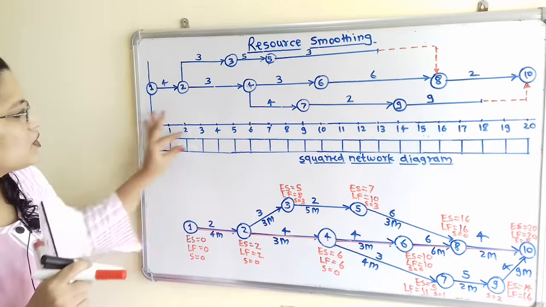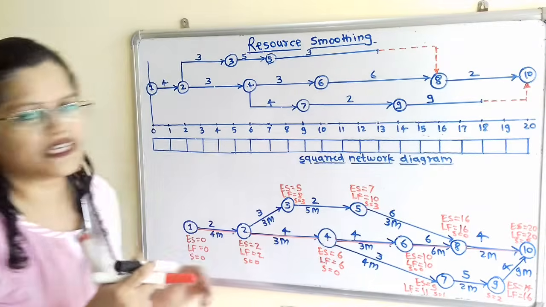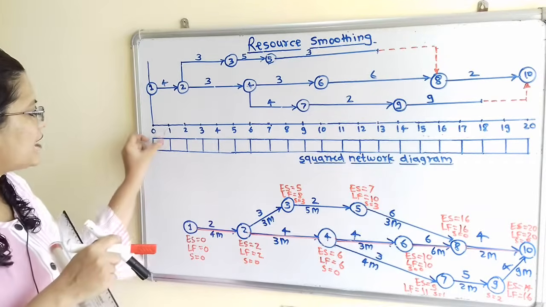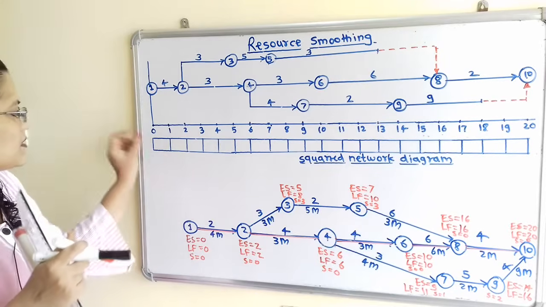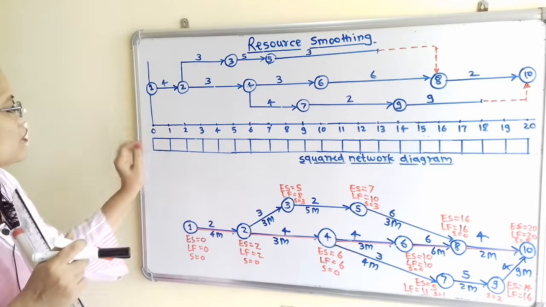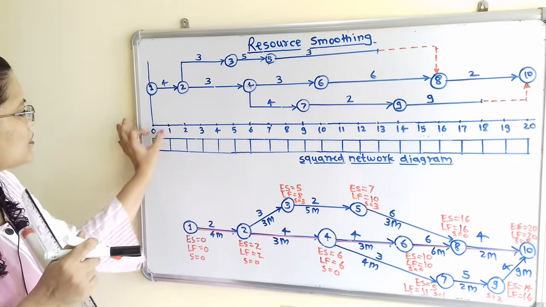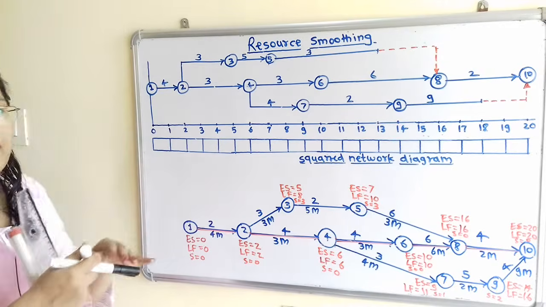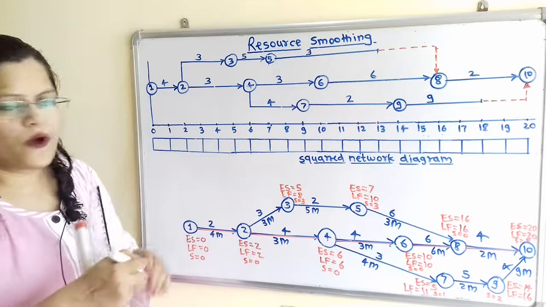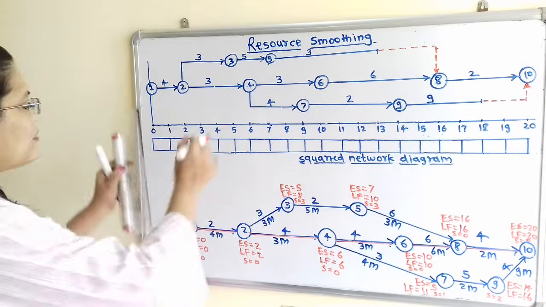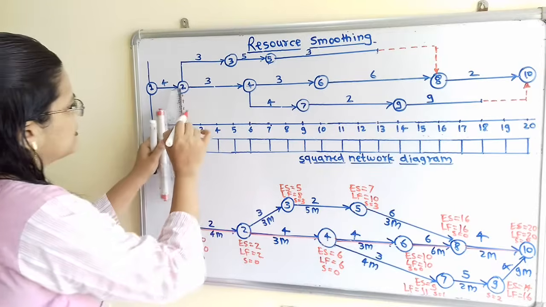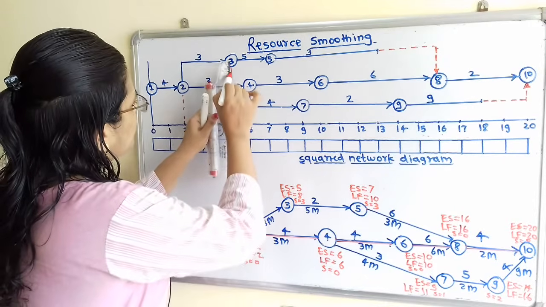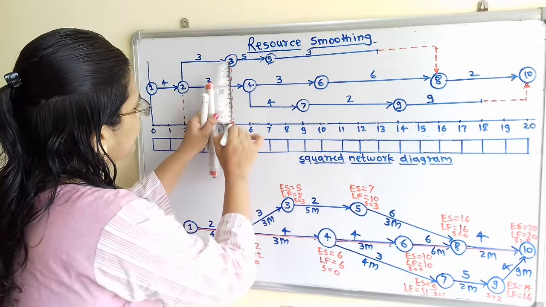Now we will mention here the number of mains required for each and every week. So here I have made the boxes. So for this period of 0 to 1, that is in the first week, how many number of mains are there? Now for this accurate calculation, I will just make the rough lines, to understand each activity.